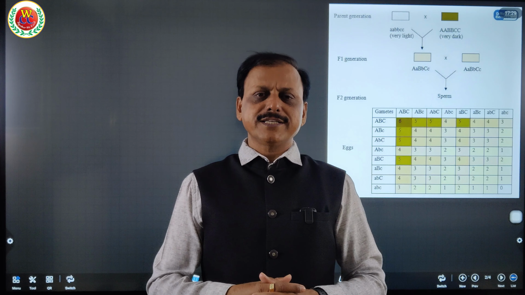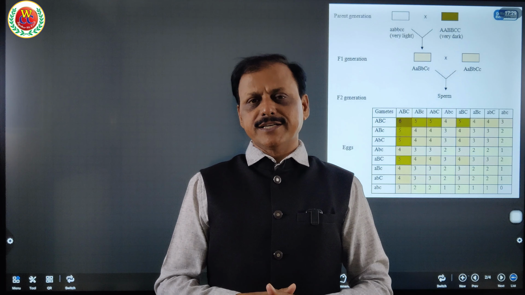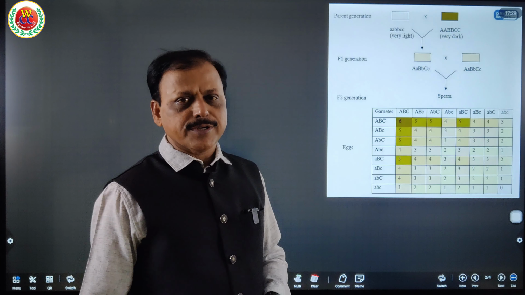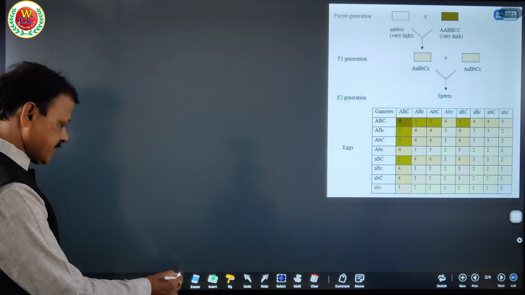To understand this, the trait is not always controlled by a single gene. Some traits are controlled by two or more genes. Let us understand this very interesting phenomenon, polygenic inheritance.